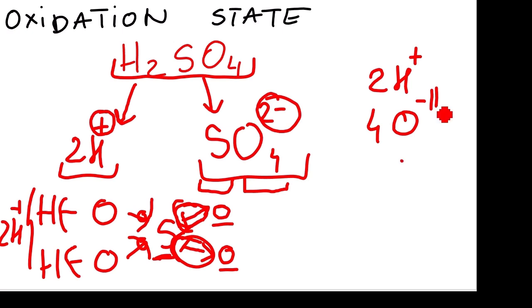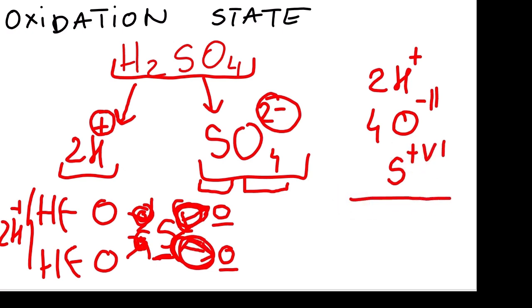And we have one sulfur atom which loses 1, 2, 3, 4, 5, 6 electrons, which were taken by the oxygen atoms. So if the sulfur atom loses 6 electrons, its oxidation state is equal to +6.